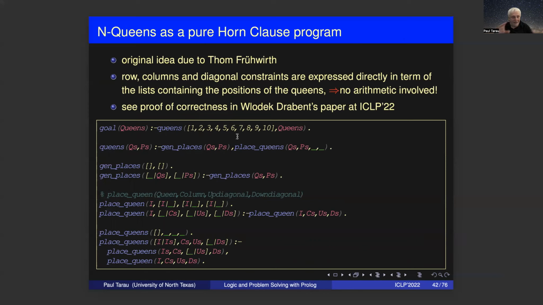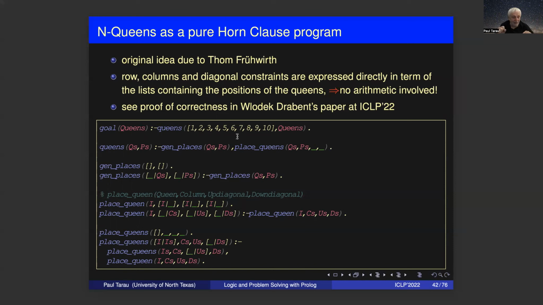All right, let's get to n-queens as a pure Horn clause program. So the original idea comes from Thom Frühwirth. The way we would express this: on a chessboard, basically, you can express the diagonals as differences and other diagonals as sums of the positions of the queens.